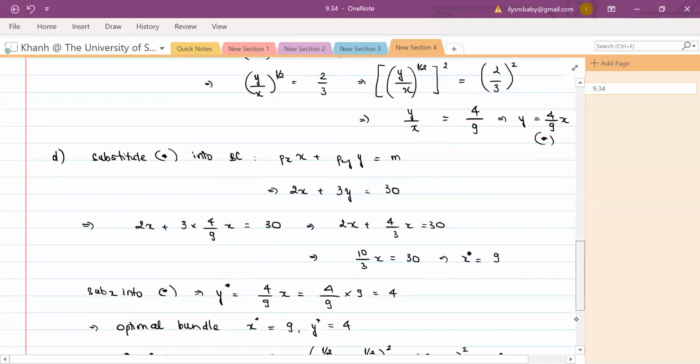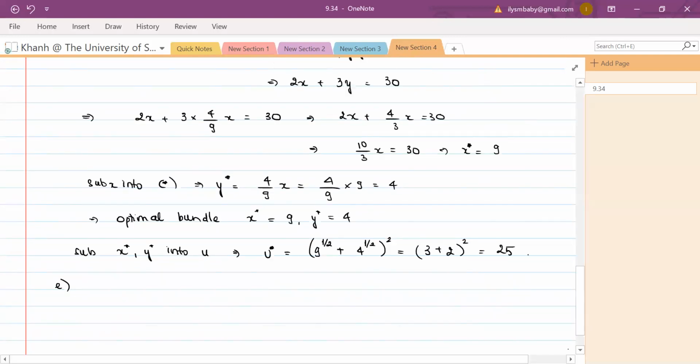All right, so this is very similar. Over here, we try to find a cost minimizing bundle for the consumer that has a minimum acceptable level of utility of 25.